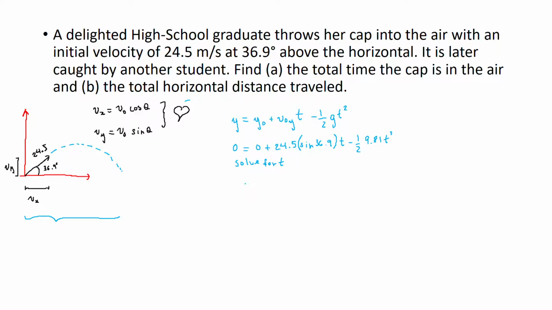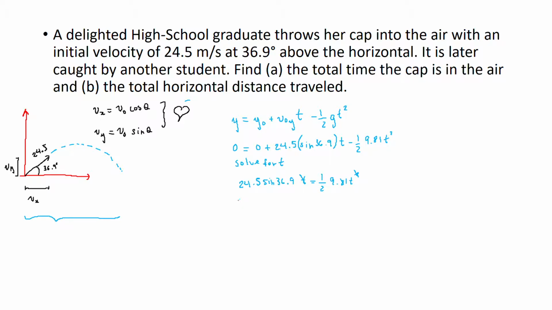So here I'm gonna get 24.5 sine of 36.9, all of this multiplied by t, it's equal to a half of 9.81 t squared. Okay, as there are t's in both sides, I just can get rid of this t and this t over here and solve for t.